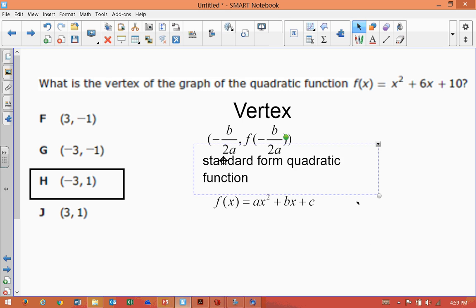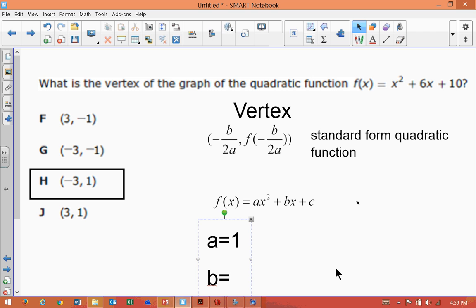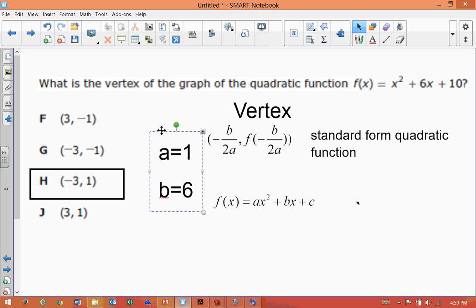Knowing these two things, what does this tell me? This tells me that a for our function is equal to 1, because there is nothing in front of x squared. This tells me that b is equal to 6, the coefficient of the x term, and c is equal to 10, because that's my constant term all by itself.